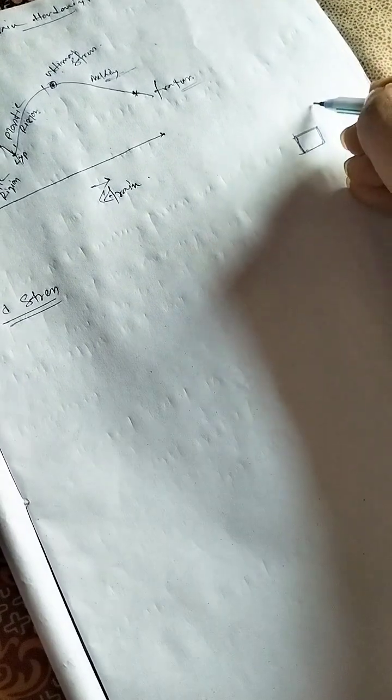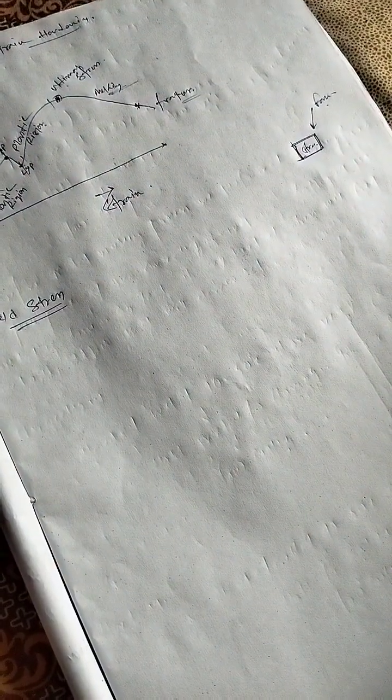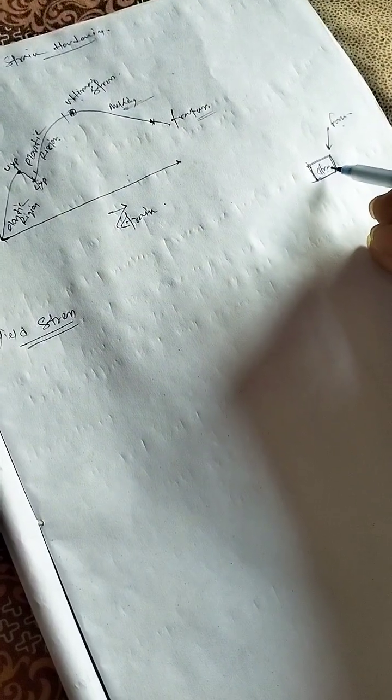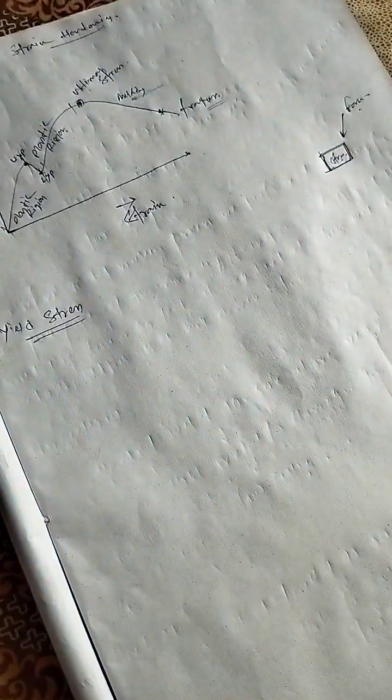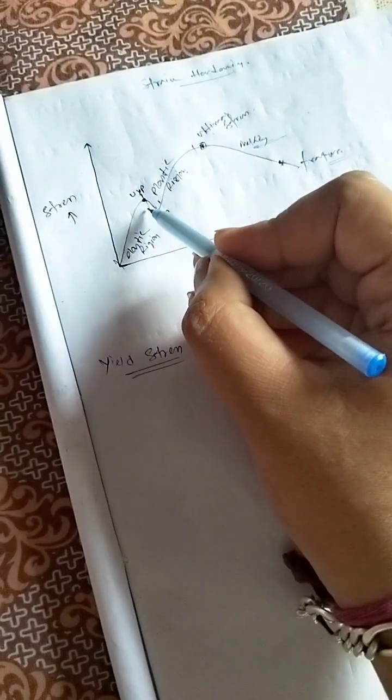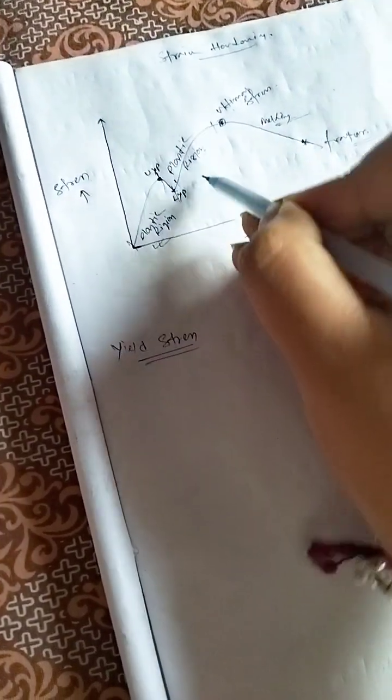In that metal we apply a force. This force creates stress inside the metal. If that stress crosses the yield stress, then the properties of the metal change, like elastic to plastic.